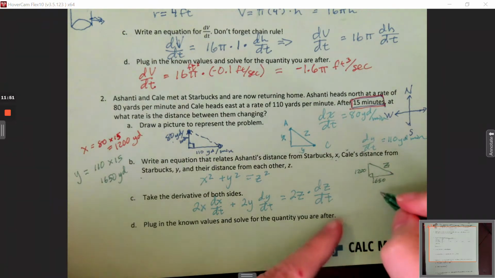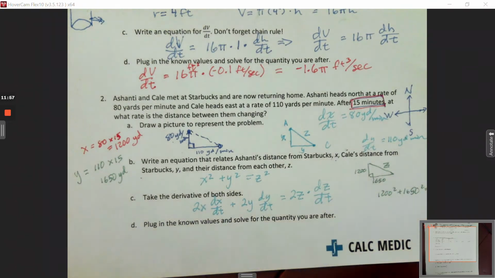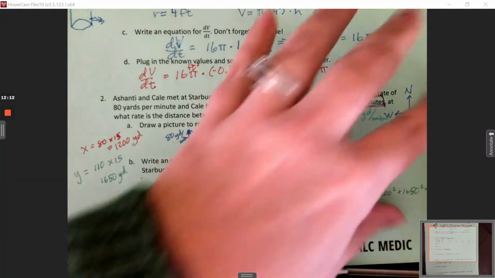So we're going to do that, and we'll take the square root, find out what z is.